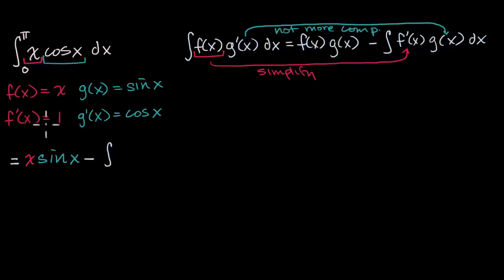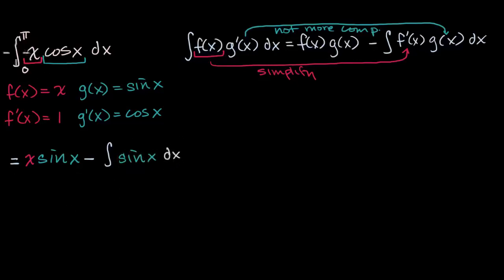F prime of x is just 1. 1 times g of x, and g of x is sine of x. But 1 times sine of x, we could just rewrite as sine of x. It'll make it a little bit simpler. Sine of x dx.